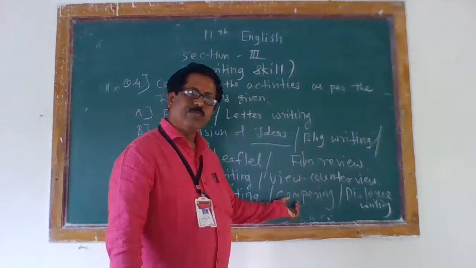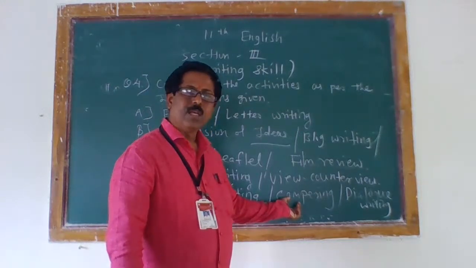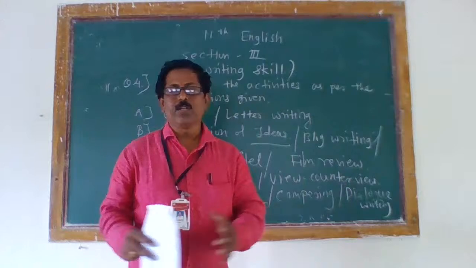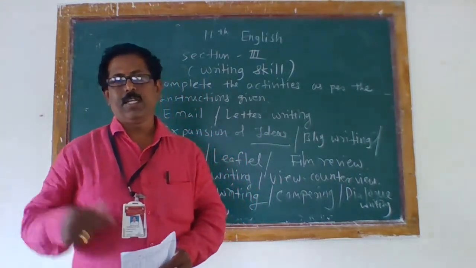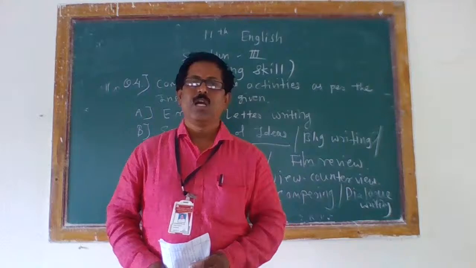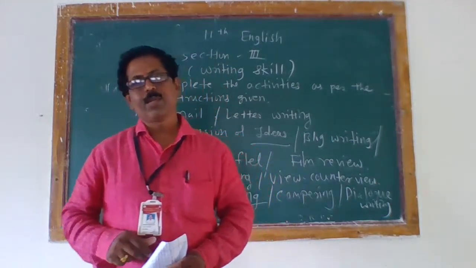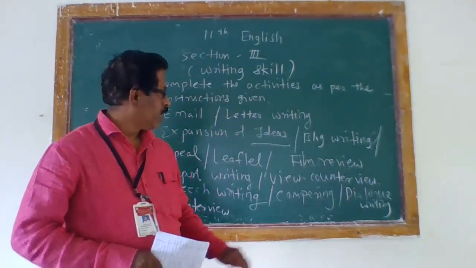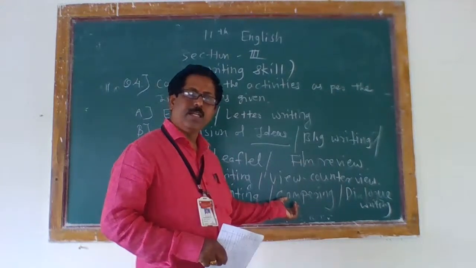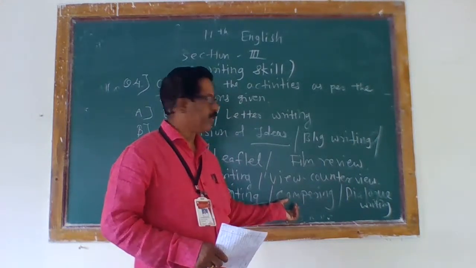So compering means anchoring the events, bringing all the people together, telling them the information about the topic, about the function, about the family members, about the chief guest. The compere must have knowledge about all those things, and he is giving the information.